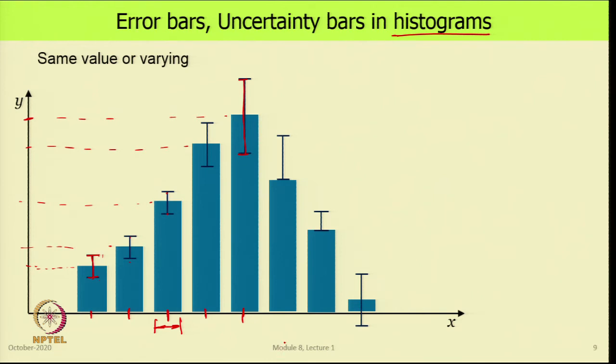So, we have seen both cases where in the histogram uncertainties are the same, and in these two cases, or we can say even all these cases put together, the uncertainty increases with increasing value of x, and it does not matter whether it is increasing or decreasing, we could show it that way.